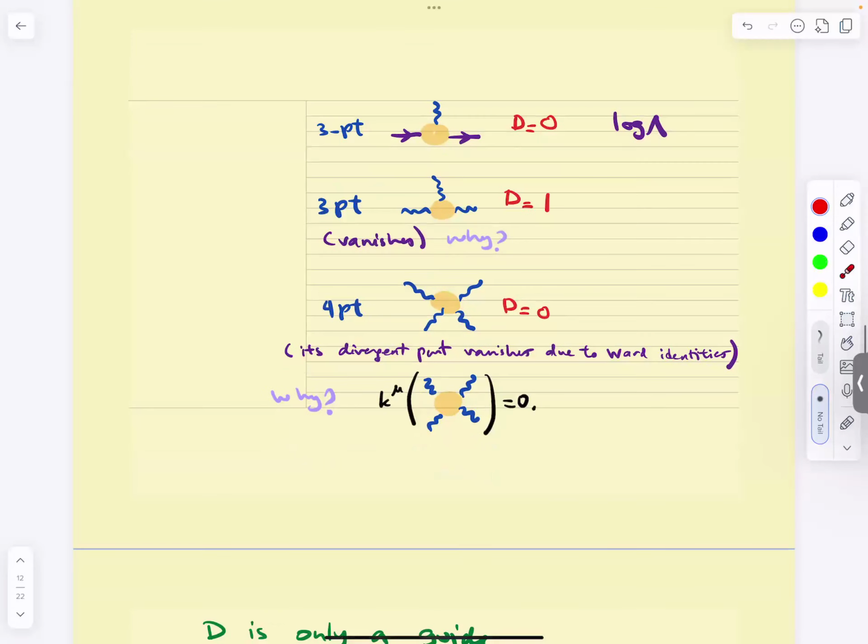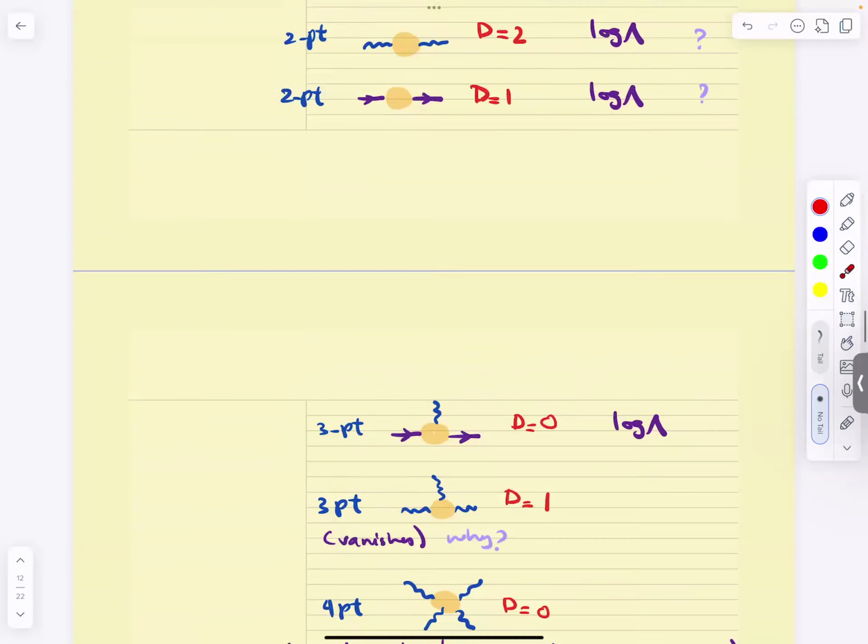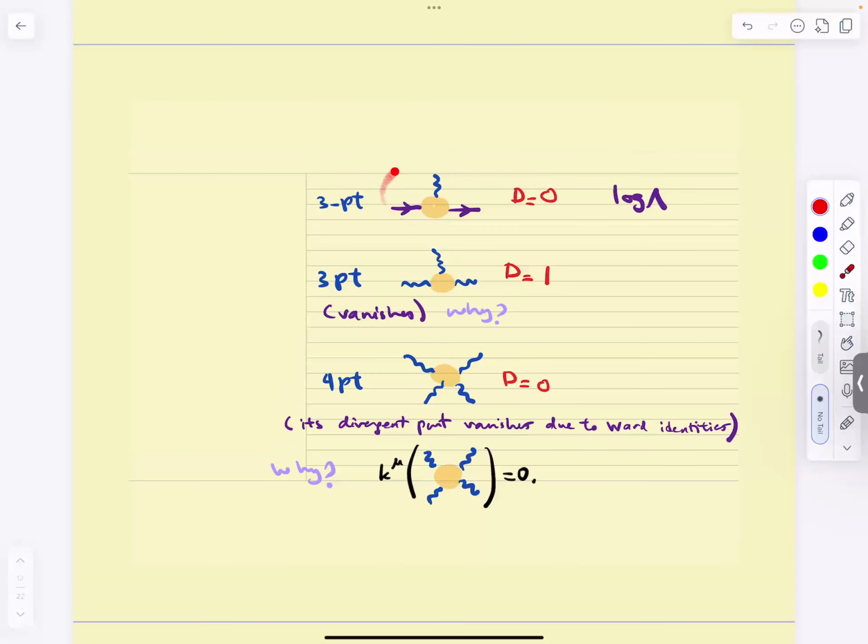All right. Next, let's go to the 3-point functions. So the vertex has superficial degree of divergence 0, and it's actually indeed log lambda divergent. A 3-point function with 3 photons coming in would have superficial degree of divergence 1, but this vanishes.